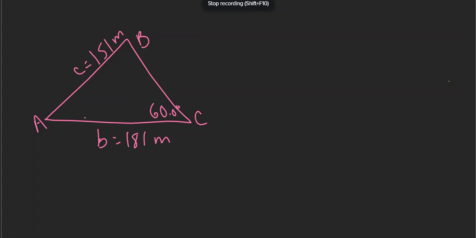So we're going to go ahead and set up the law of sines. I'm going to put the sides on the top: a over sine of angle A, b over sine of angle B, side c over sine of angle C. I'm going to plug in my numbers.